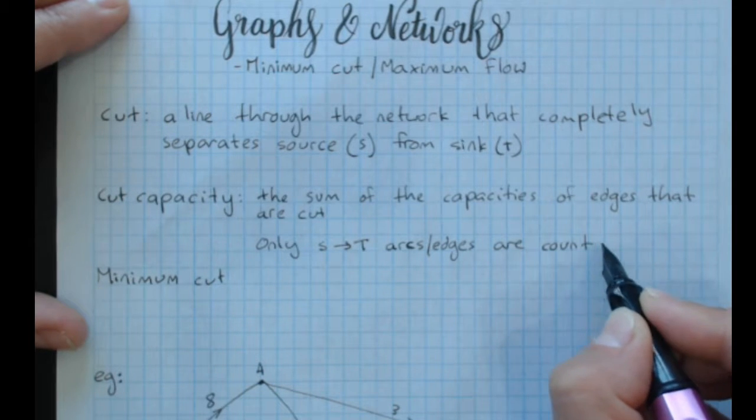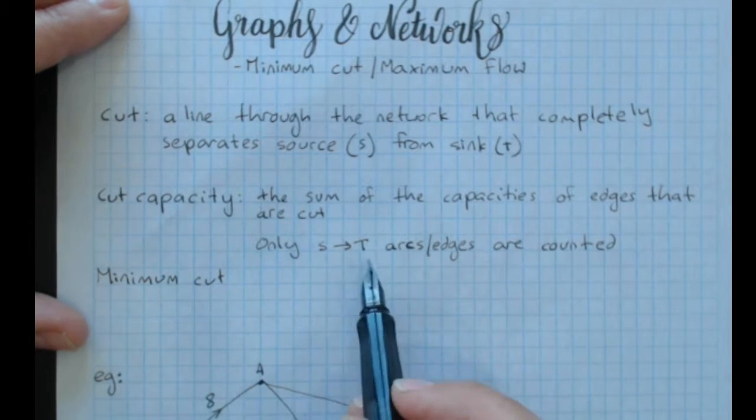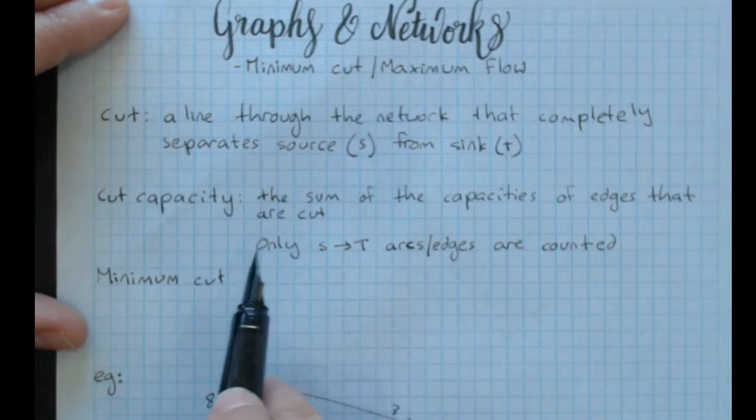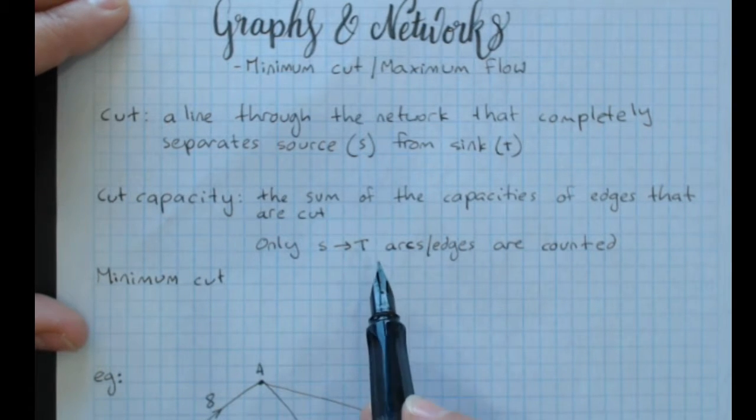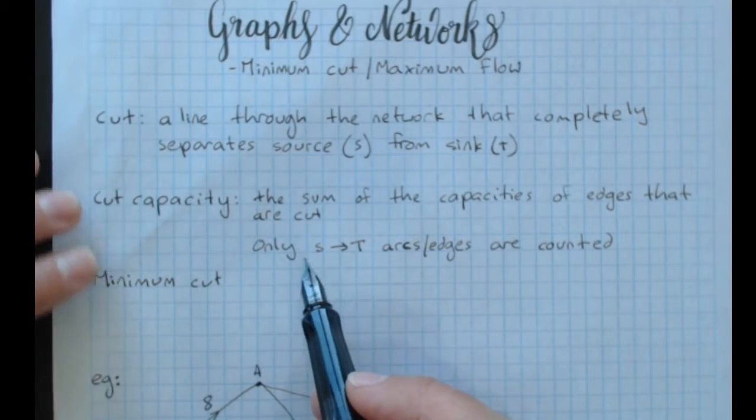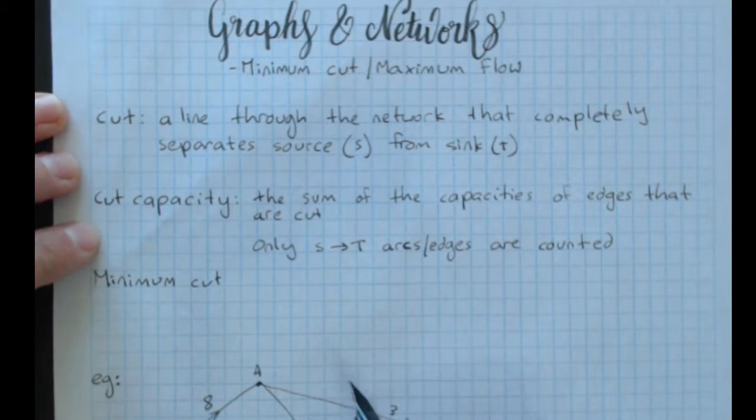And the little bit extra is that only arcs or edges that flow from the source side to the sink side are counted. So we'll show you what that means when we get to our example.